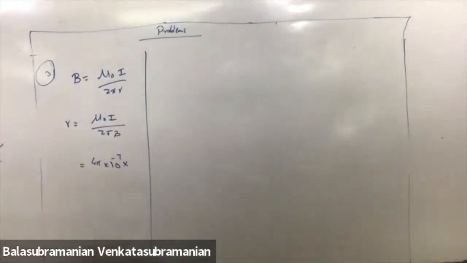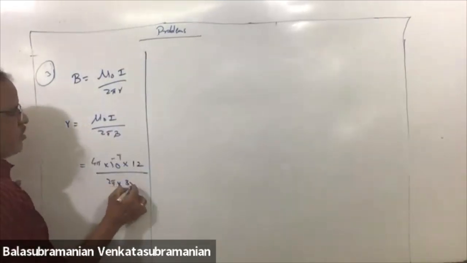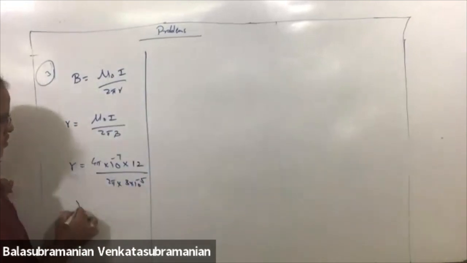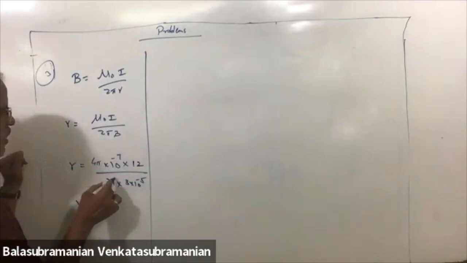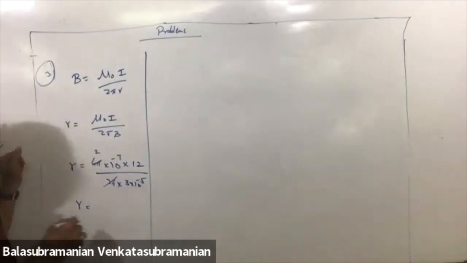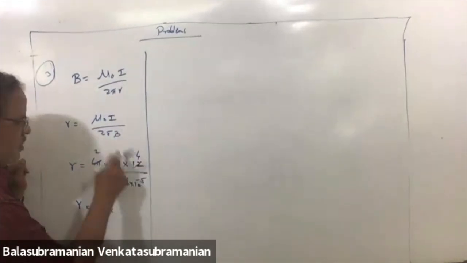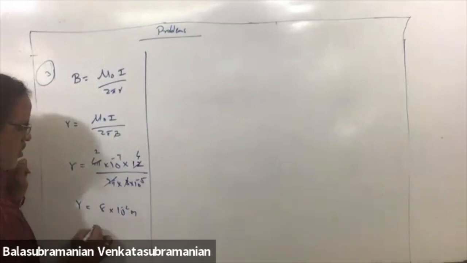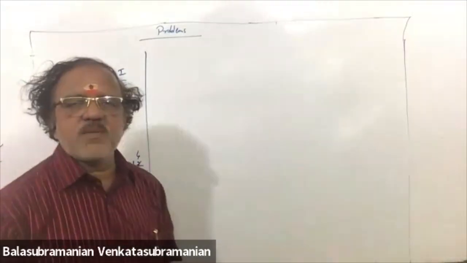What is the current given here? 12 ampere. 12 ampere current by 2 pi into 3 into 10 power minus 5 Tesla. Simplify, and you will get 8 into 10 power minus 7 plus 5, which is 8 centimeter or 8 into 10 power minus 2 meter.